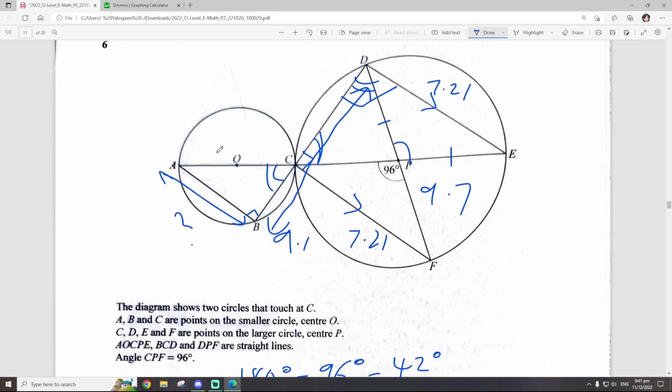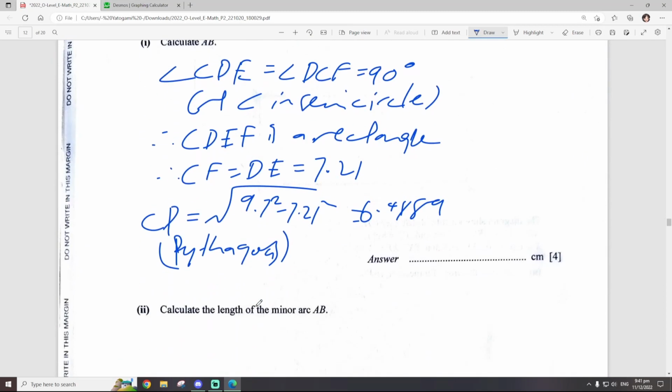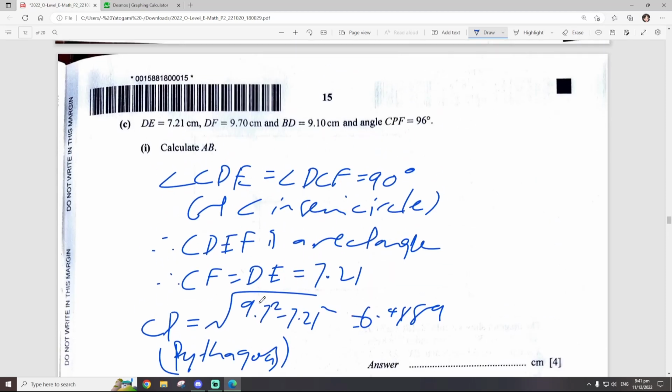So therefore, AB divided by BC equals CD divided by CF. By similar triangles, AB over BC equals CD over CF.